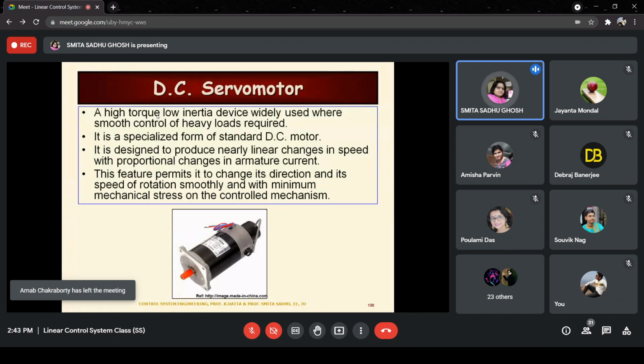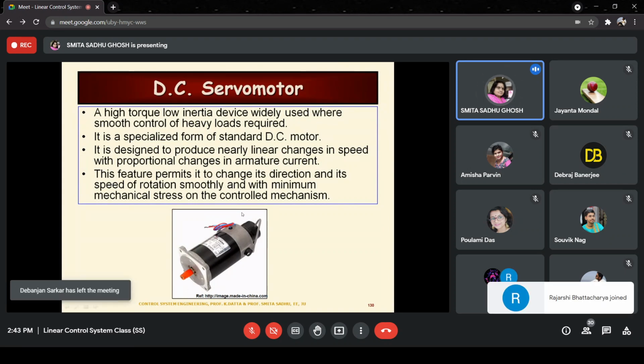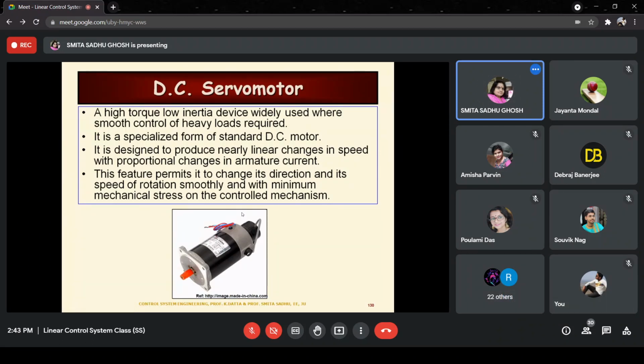So for the torque developed to be high, what would torque be dependent on as far as the size of the motor is concerned? Radius is okay, but torque.